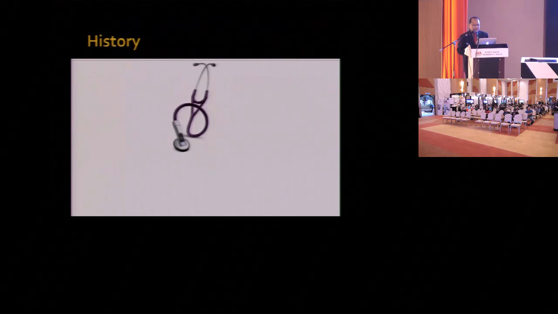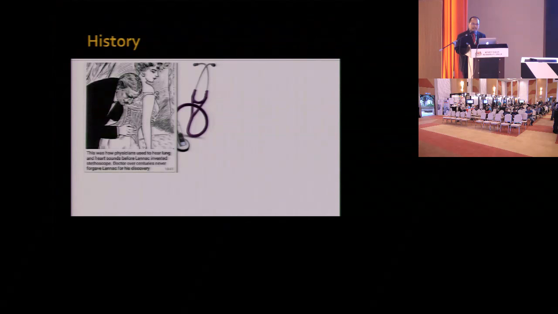Okay, I would like to give you some history in medicine, how research in medicine evolved and how it improved patient management and patient investigation. I'm sure everybody knows what this is. This is a stethoscope. Basically you use it to listen to the patient's chest and heart.